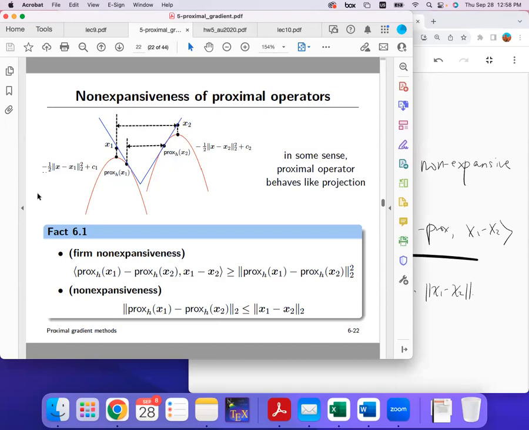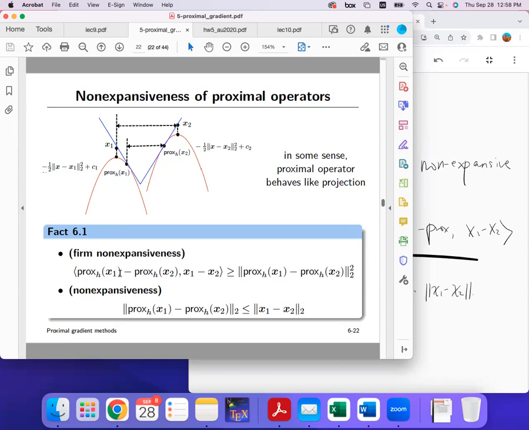Which type of equations would work with firm non-expansiveness, or which ones would you have to imply non-expansiveness? Yeah, I guess here maybe to clarify, the specific assumption is that if h is a convex function, then the associated proximal mapping is firmly non-expansive. Oh, I see.